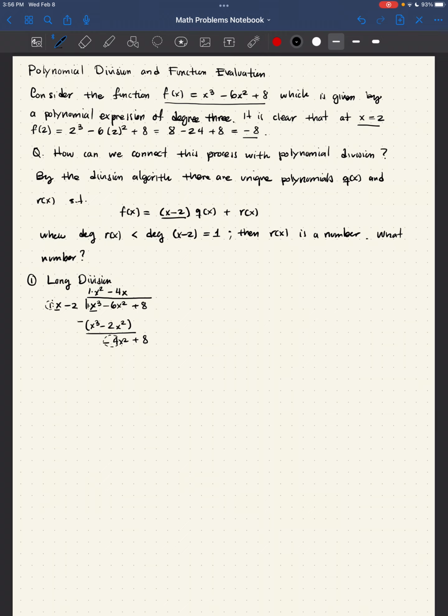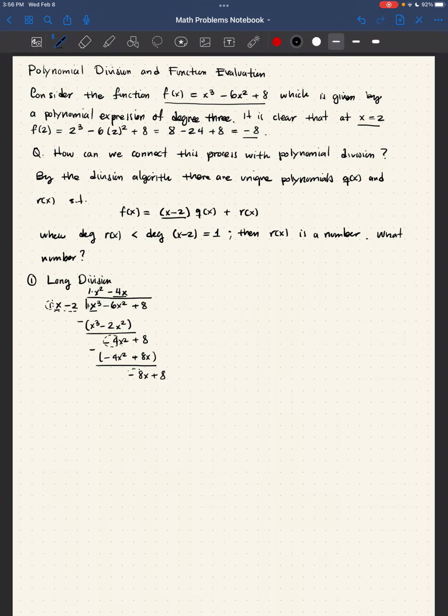So I'll continue with the multiplication. So now this term against all of this. This is negative of negative 4x squared plus 8x. From here, we obtain that this reduces to negative 8x plus 8.